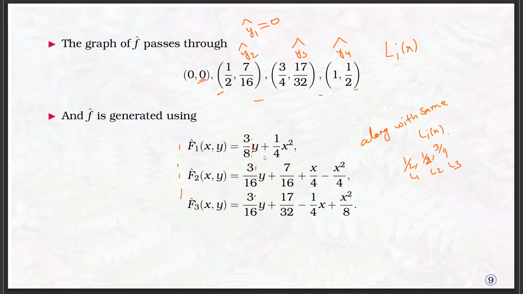So, comparing 1 by 2 with each of these factors, one can get the contraction factors of W1, W2, W3. Similarly, taking the maximum among these contraction factors, one can get the contraction factor of the iterated function system comprising Li of x and fi cap of x comma y, as we previously did.